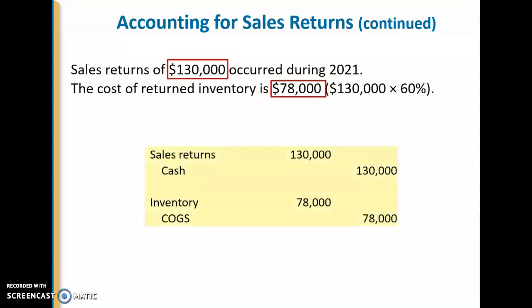And when the sales returns of $130,000 occurred during 2021, the cost of returned inventory can be calculated at 60% of the sales amount, or $78,000, and the journal entry would be debit sales returns, credit cash, and debit merchandise inventory, credit cost of goods sold for $78,000. That's because we had a sales return. We have to reverse the sale, and we also have to put the inventory back on the shelf and reverse cost of goods sold.